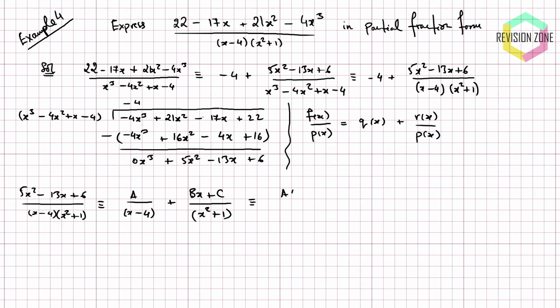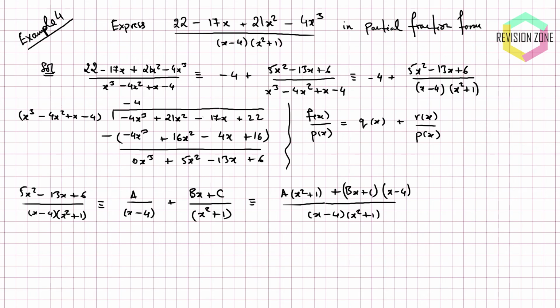We combine the thing we've got to have a common denominator. So we're going to have x minus 4 x squared plus 1, and of course the numerator is a times by this denominator, plus bx plus c times by x minus 4, right?